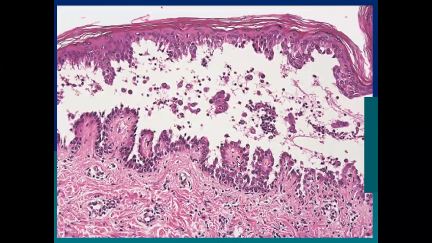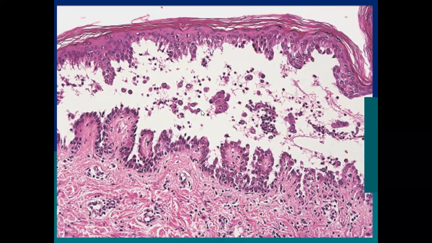Here you see the split is suprabasal. The basal layer is intact, but it is seen as individual cells that are attached to the dermal papillae. The individual cells are not even attached to each other. So the desmosomes are completely lost, but the hemidesmosomes, which are attaching these basal cells to the dermal papillae, are intact.